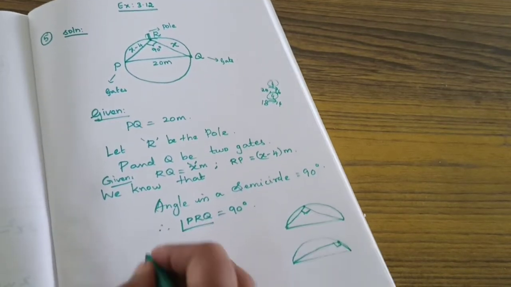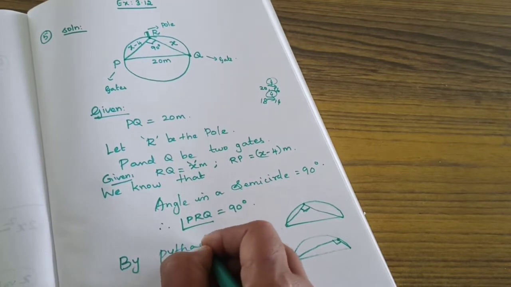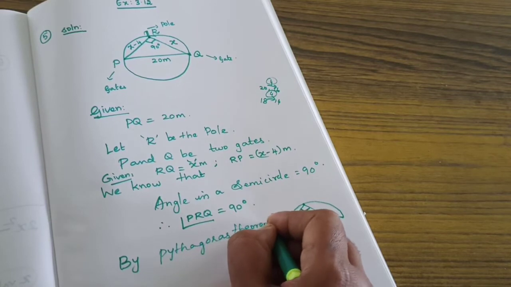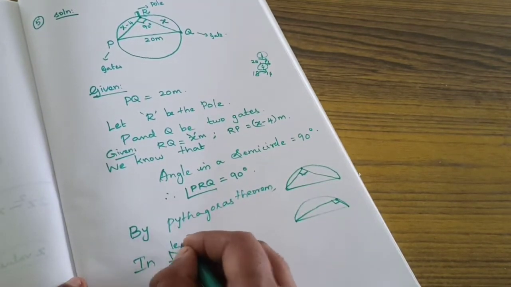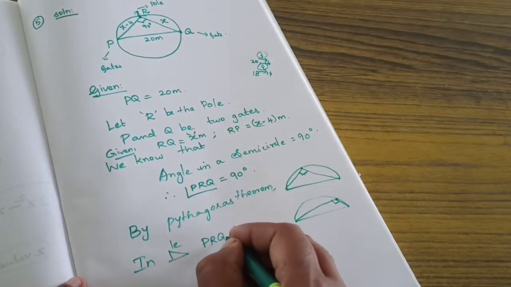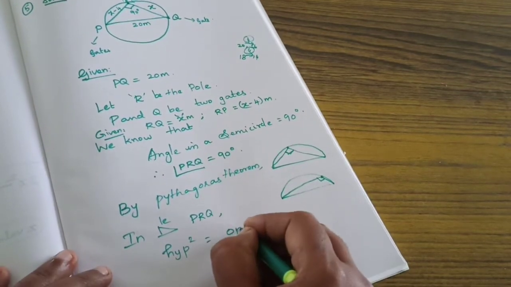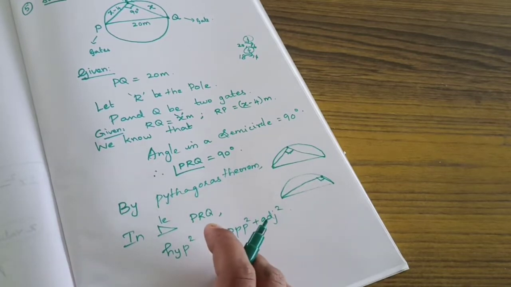Got it? Now, by the Pythagoras theorem. In a right angle triangle, which is the right angle triangle here? PRQ. Hypotenuse square is equal to opposite square plus adjacent square, the sum of the squares of the other two sides.